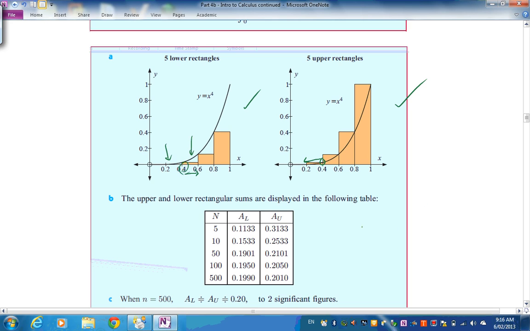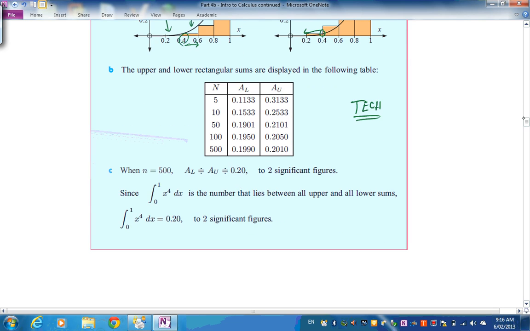Now, you would generally use technology here, and it asks us to do better estimates up to 500 here. So what would our estimate of the actual area be to 2 significant figures? Well, if you rounded both of them up to 2 significant figures, they both come to that.